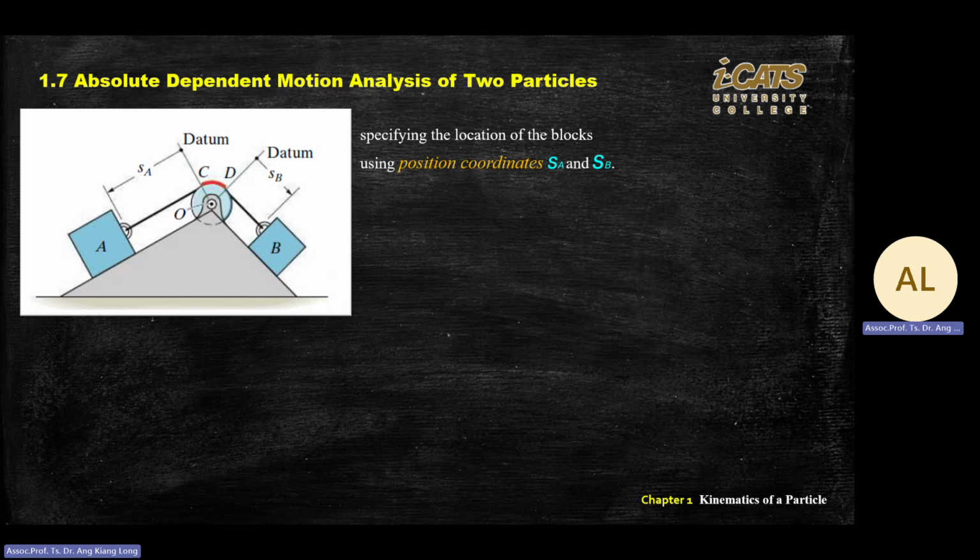Positive. If A is heavier than B, A moves down based on the datum, so sA is positive, but B will move up, so sB will be negative. So in this kind of question, datum is important, direction is important, and then the logic of motion is important.